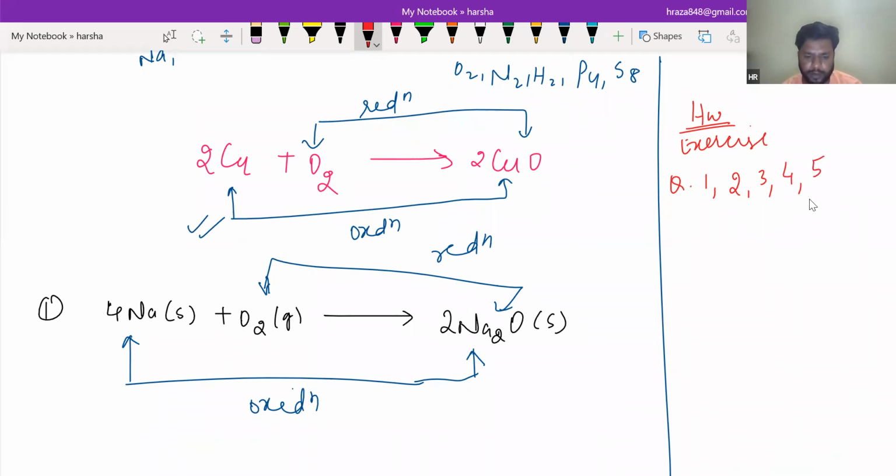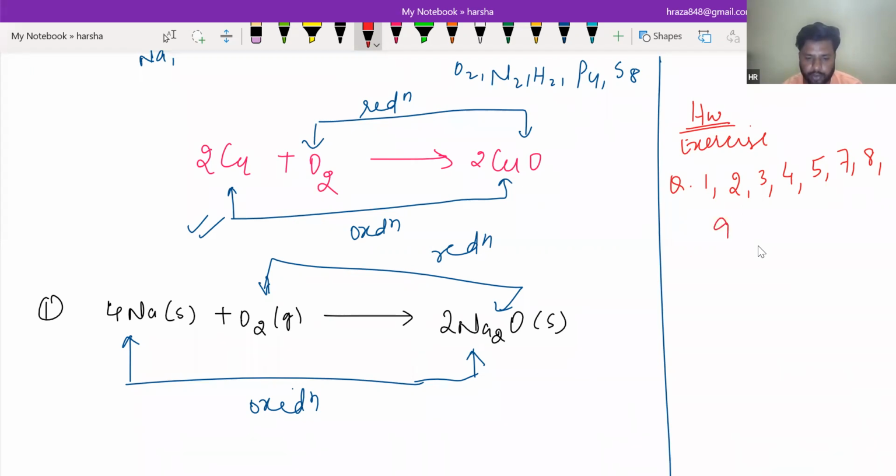Question number 5, you have to do again, and 7, because the chemical name is given, and you have to convert it into a chemical formula and then balance it. That's why I'm giving you question number 7, 8 again. 5, 7, 8 are part of balancing, but the chemical name is given.